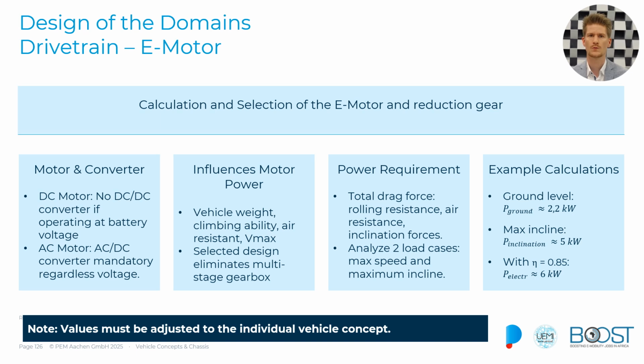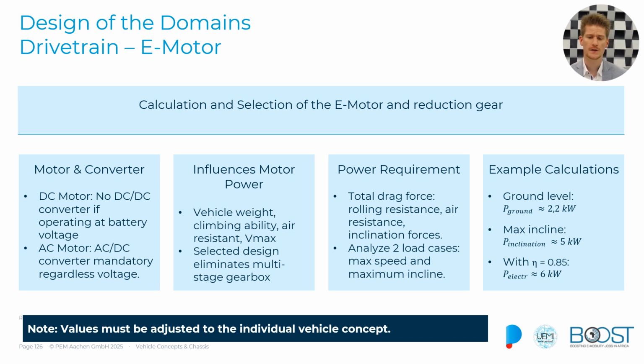So the required motor power is now determined using the larger of the required power sums, so this would be 5 kilowatts, and if we assume that we have an efficiency of 85%, so 0.85, we come up with an electric power of 6 kilowatts that we should have. Now, the motor selection needs to be carried out individually by you, taking into account the individual vehicle concept. The weight and climbing ability are a particular major influence regarding the region where you operate the vehicle, and therefore this has to be done on your own.